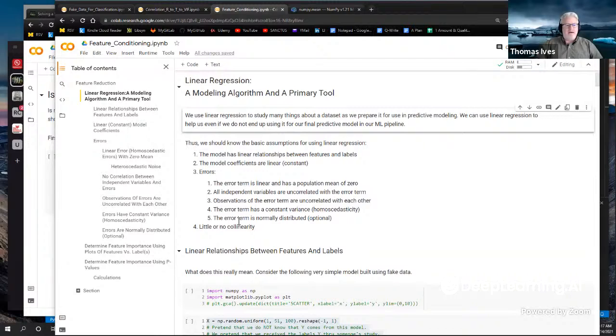If you're going to do a hypothesis test to determine the significance of this feature, and that's related to the coefficient you get from linear regression, that hypothesis testing does assume normally distributed feature data.